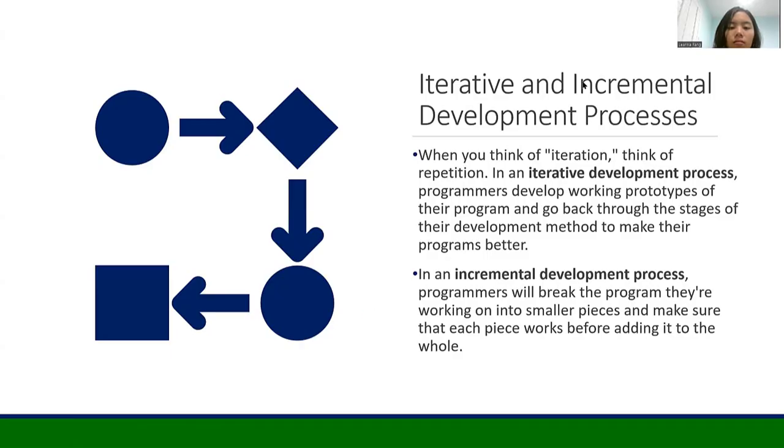So there are 2 types of development. One is called the iterative development process. Iterative development means that you have several stages, so you do several iterations. You go through every stage 1, 2, 3, 4 different times. It's called iterative development. You go through the design cycle several times. And there's another type called incremental development.